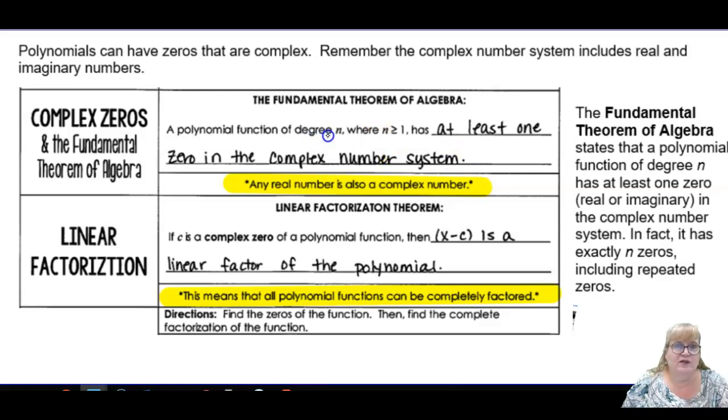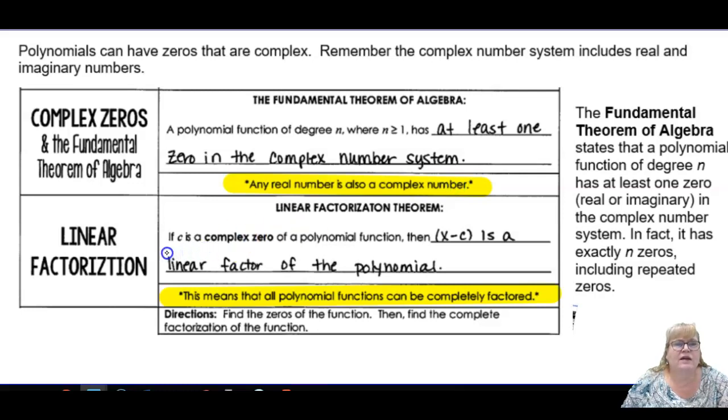So anytime you have a polynomial, linear or above, quadratic, cubic, anything, there's at least one zero in the complex number system, because a real number is also complex. So there has to be at least one zero.